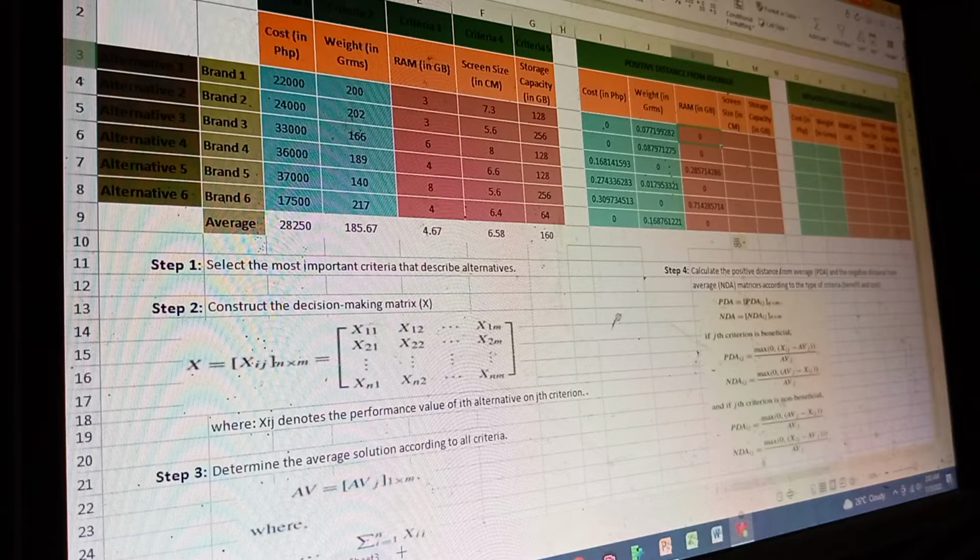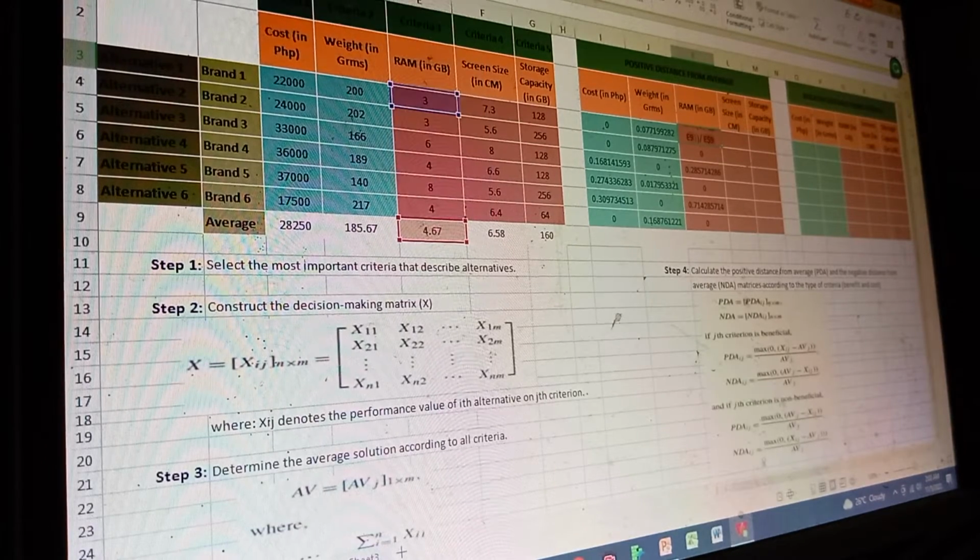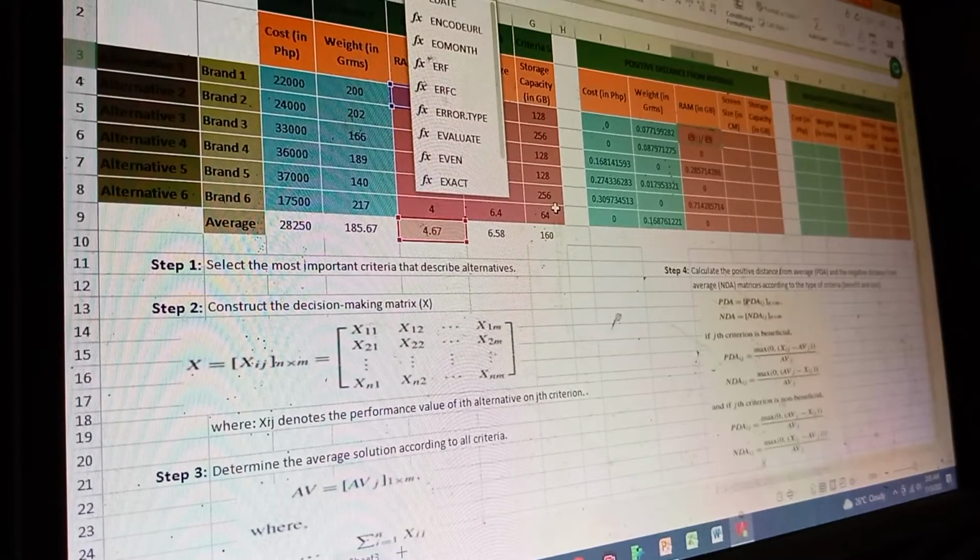Then we will copy the formula to the next cell.